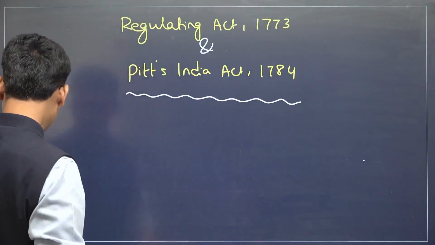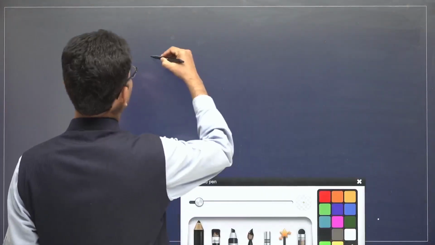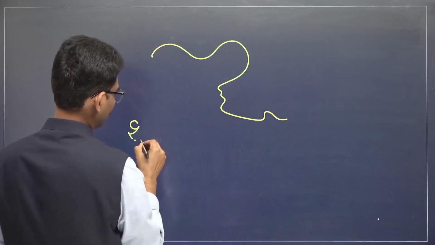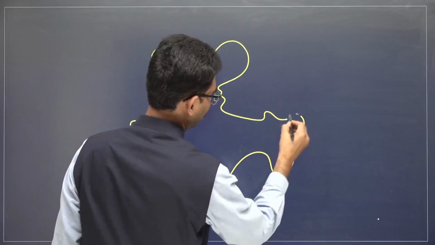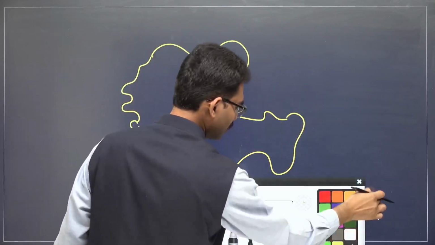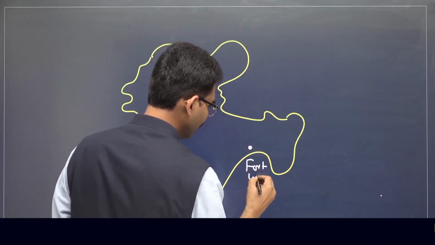Now coming to India, the Indian political system is like this. This is Bengal. Now remember, Bengal means controlled from Fort William.